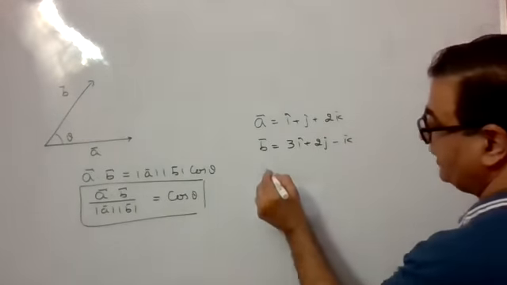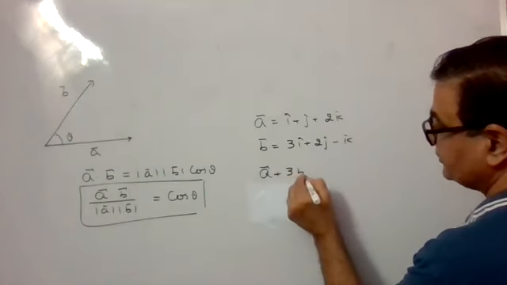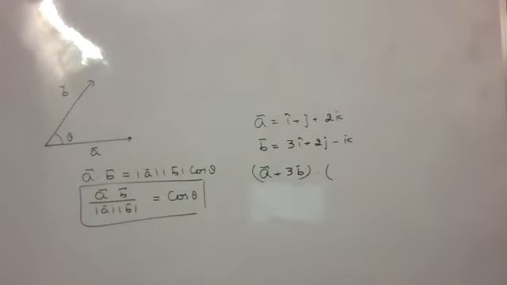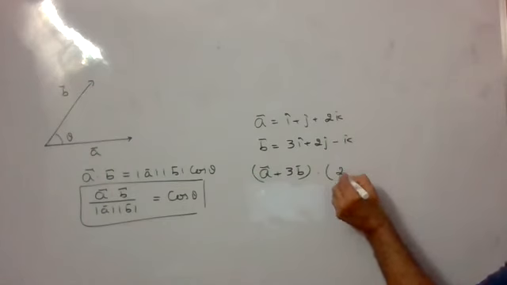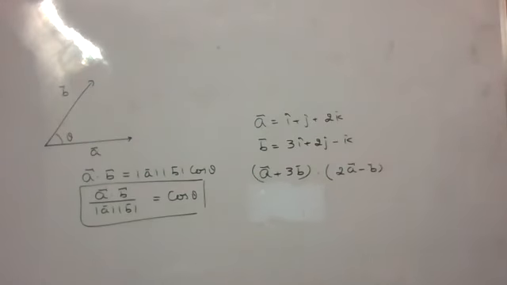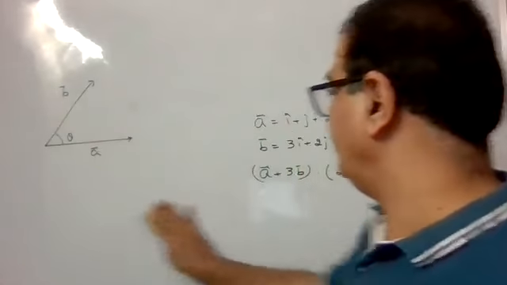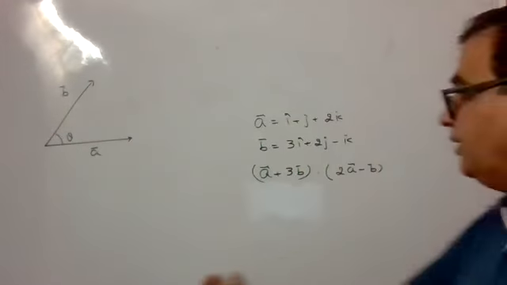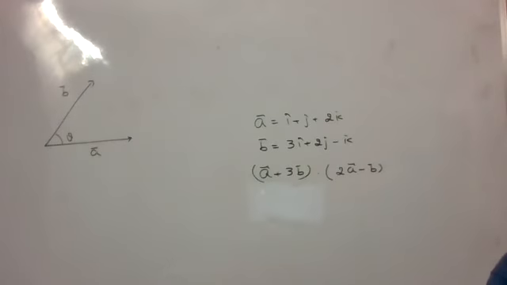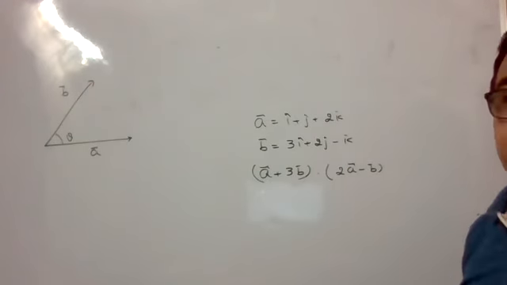My question is, find the value of A plus thrice of B dot 2A minus B. Please solve it. Find out the dot product of A plus 3B dot 2A minus B. Yes, what should I do in this case? Yes, anyone?